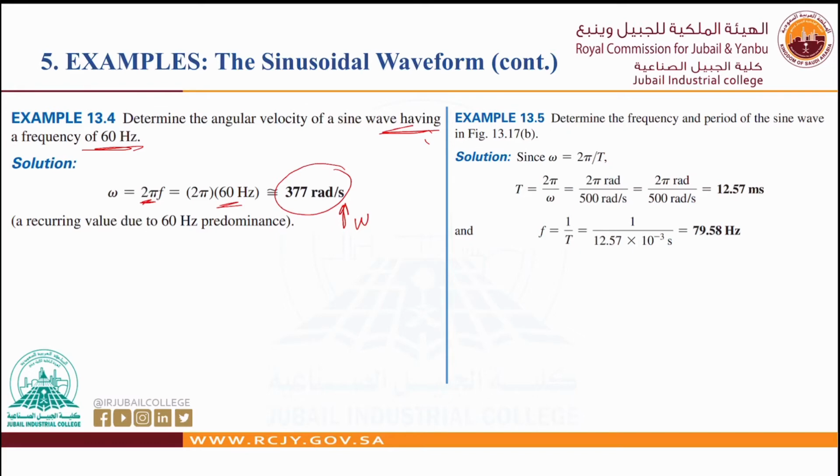This is a recurring value due to 60 hertz. If I have 60 hertz, the angular velocity omega will be 377, and this is a value worth remembering.